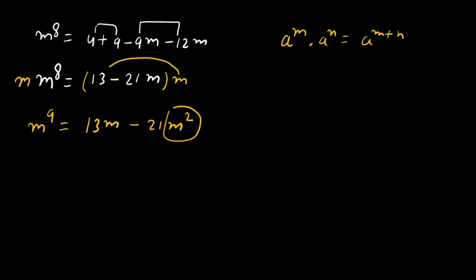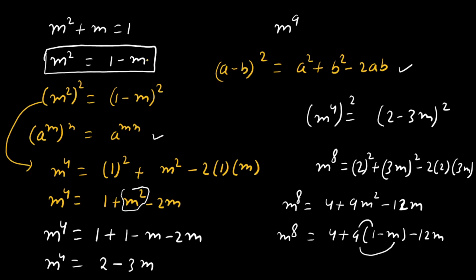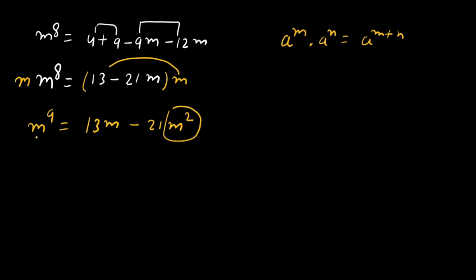This m squared is replaced by 1 minus m. So on the left hand side m power 9 equals 13m minus 21, and m squared is replaced by 1 minus m.